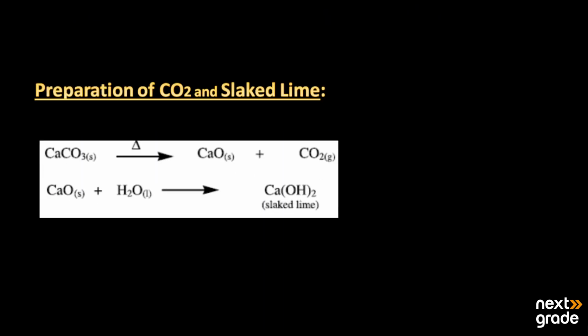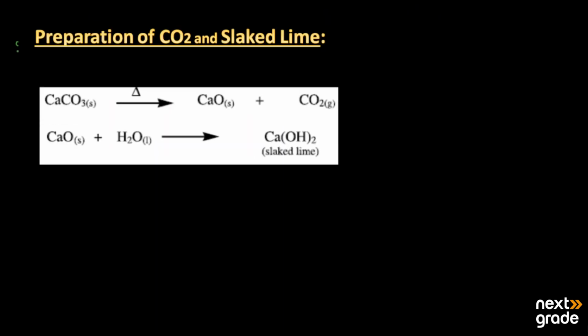After calcination, we have the fifth step, which is the preparation of carbon dioxide and slaked lime. The carbon dioxide we require in the first step is produced by heating calcium carbonate, which is a solid substance. On heating, it produces two products: number one, calcium oxide, and the second, carbon dioxide.